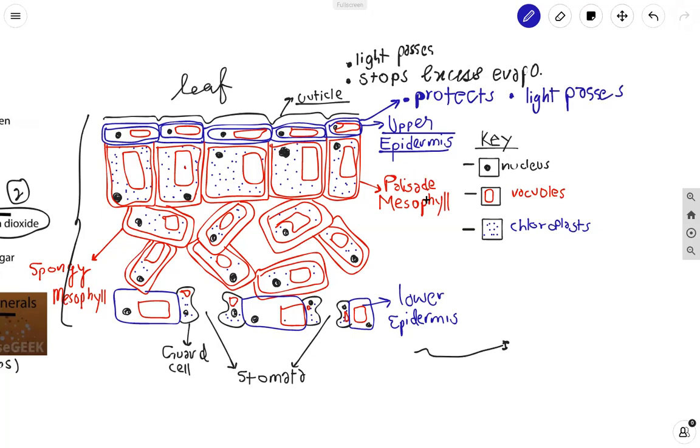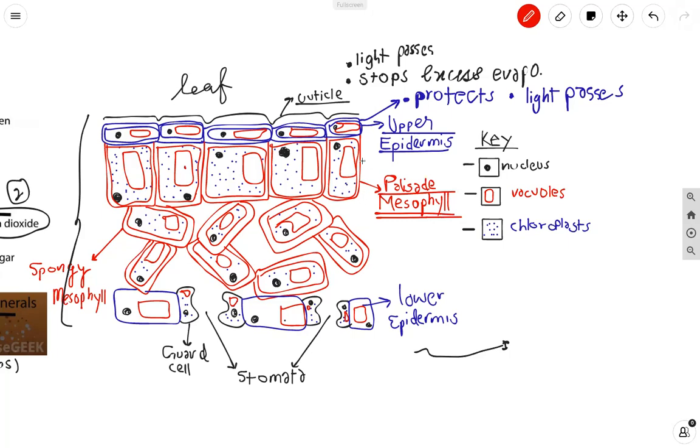The third and very important cell we have is the palisade mesophyll. Mesophyll is usually regarded as the cell which carries out photosynthesis, and so the palisade mesophyll definitely does photosynthesize.